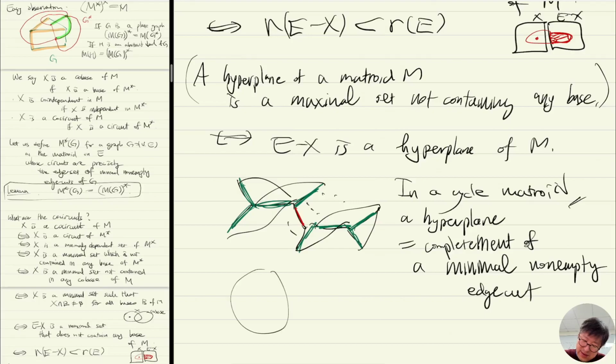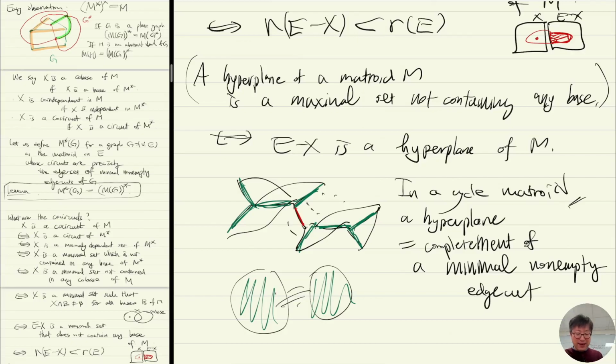Right? Because if you have a minimal non-empty edge cut, then the complement is a hyperplane. So that's why, I didn't show you all the details, but you can easily see that this is the case if the graph is connected. If the graph is not connected, you need to look at each component, but it's an easy exercise.